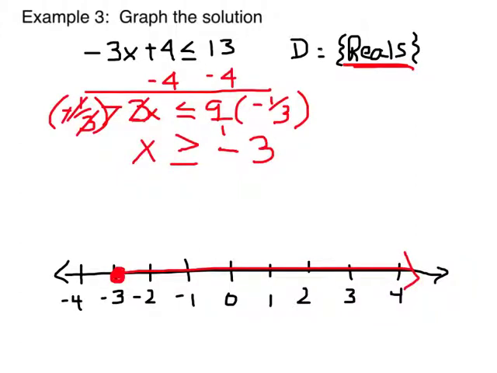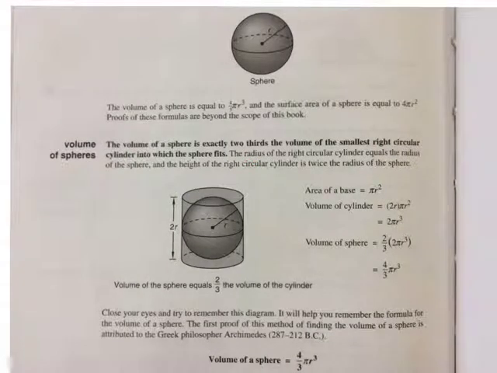Okay, let's talk about spheres now. When I think of a sphere, I think of a basketball, typically. The volume of a sphere is exactly 2/3 times the volume of the smallest right circular cylinder into which the sphere fits.